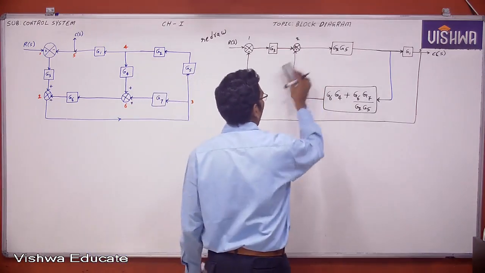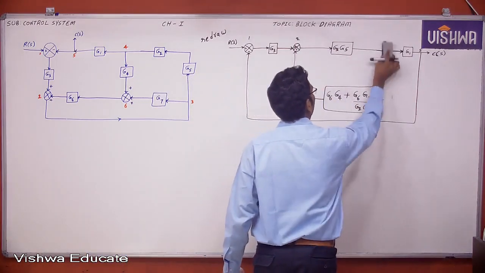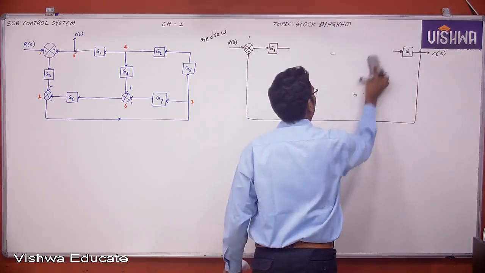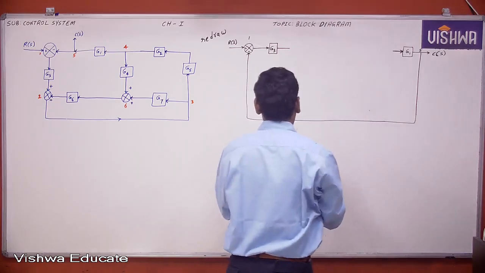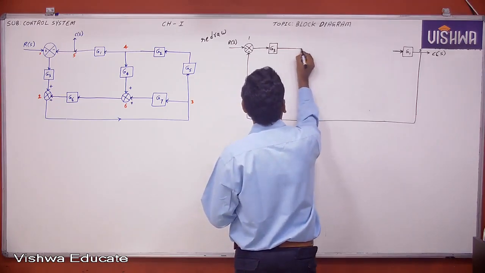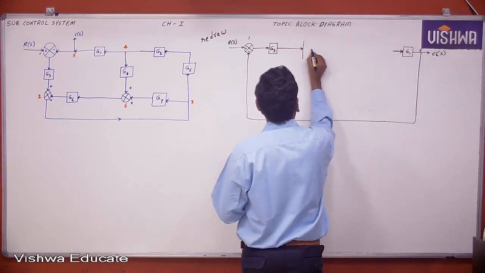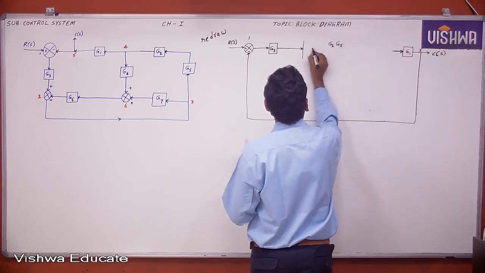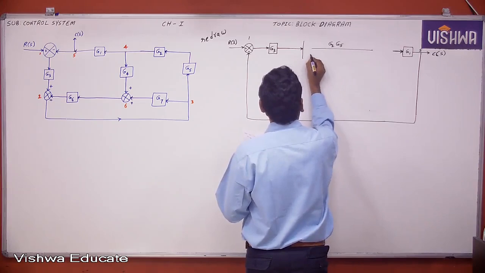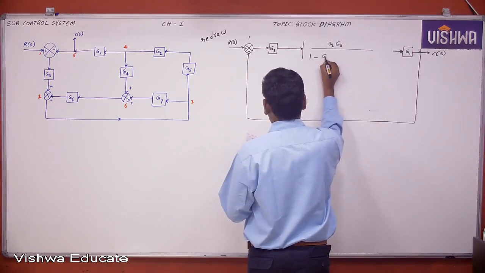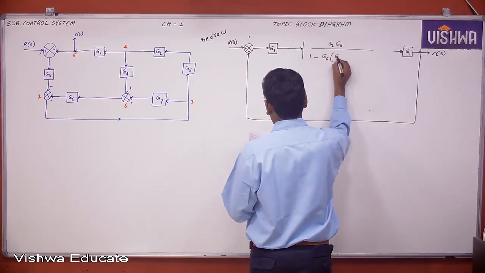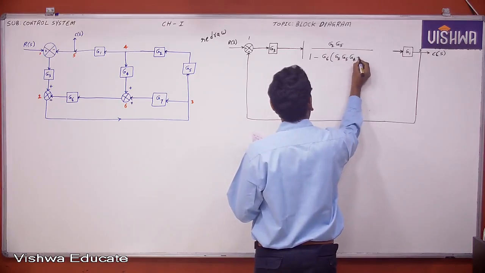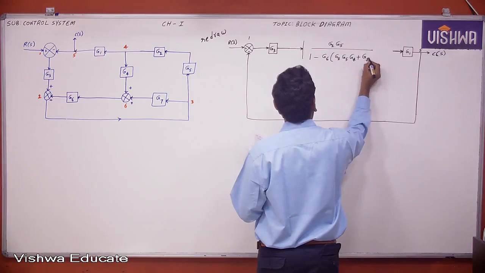So if you remove this one, this is nothing but the shortcut method I already explained to you: G2 G5 divided by 1 minus G6 into G2 G5 G4 plus G7. Okay, after simplification.